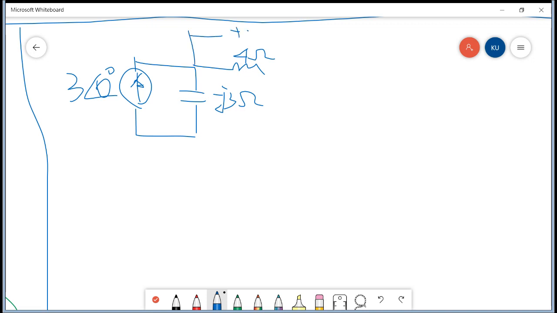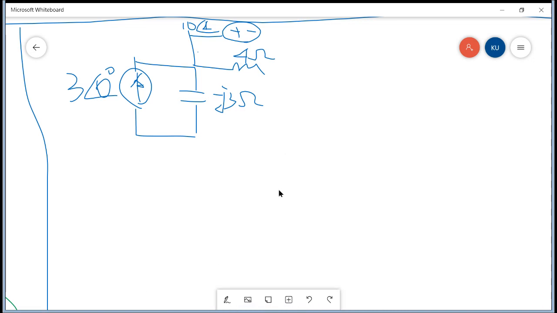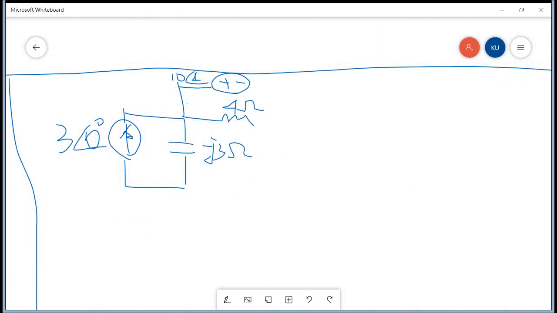This is a voltage source, 10 at 45 degree volt.